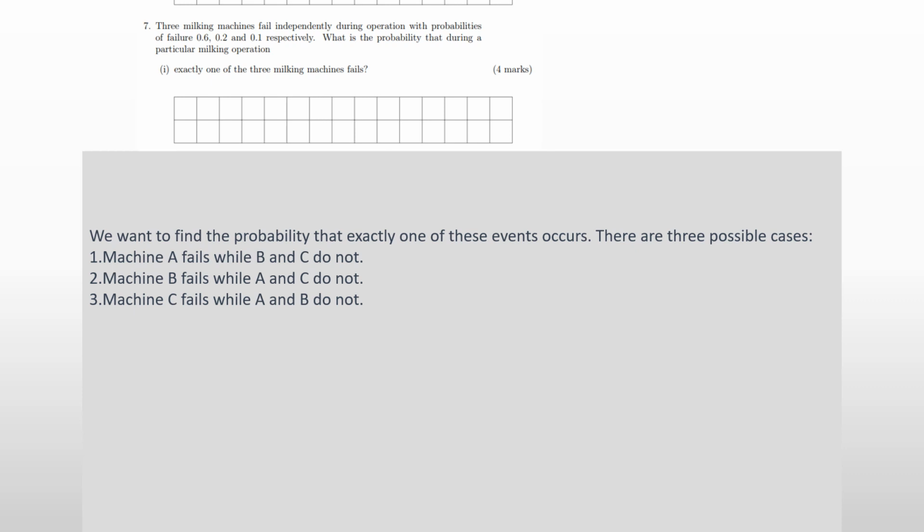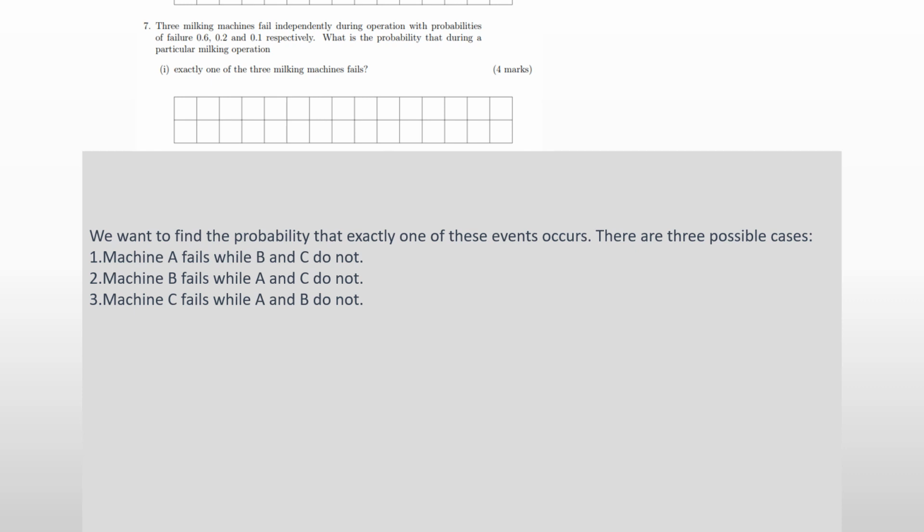For example, scenario 1 says machine A fails while B and C don't. You hear the "and," right? A has to fail, and B has to not fail, and C has to not fail. That has to happen at the same time, so when you "and," you multiply. So to get the probability of scenario A, I multiply A failing times B not failing times C not failing.